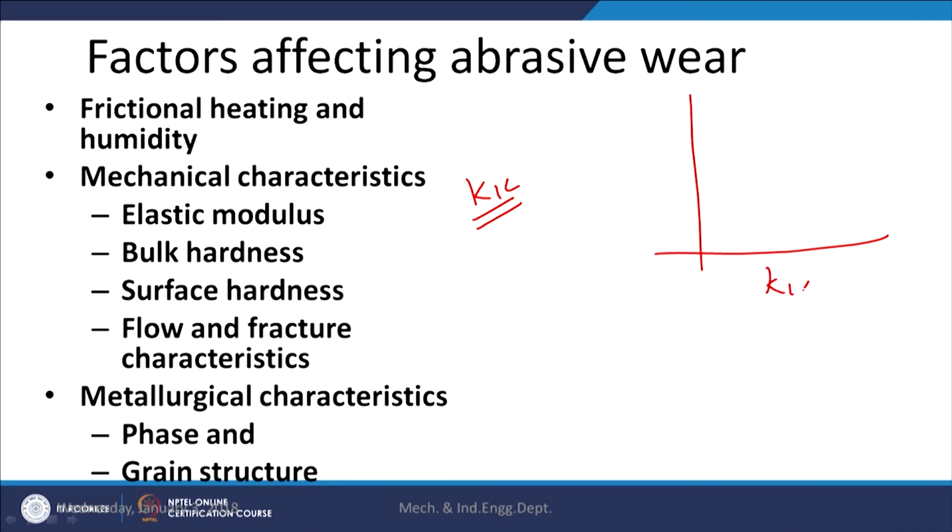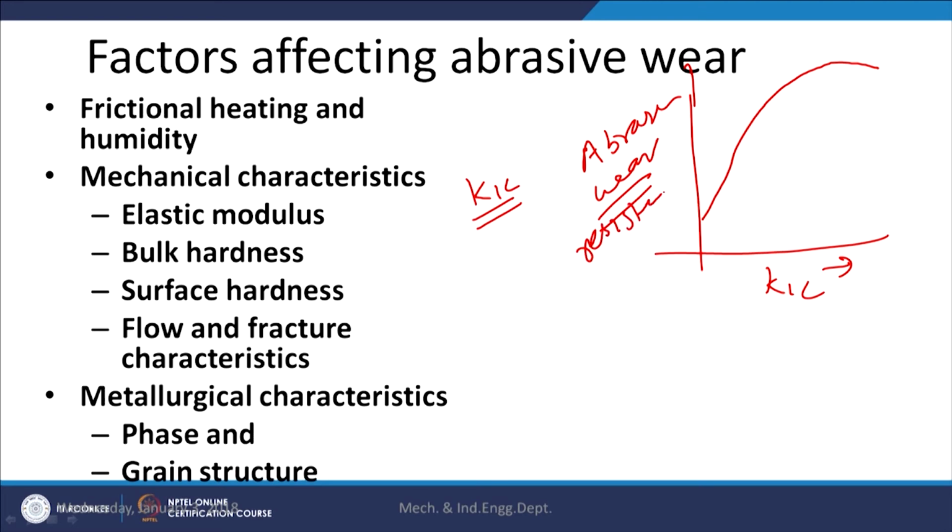So, if the K1C of the material, meaning the fracture toughness, is high, then abrasive wear behavior of the material can be compared, and we may notice that as the fracture toughness increases, in general the abrasive wear resistance increases significantly, and thereafter it starts flattening.